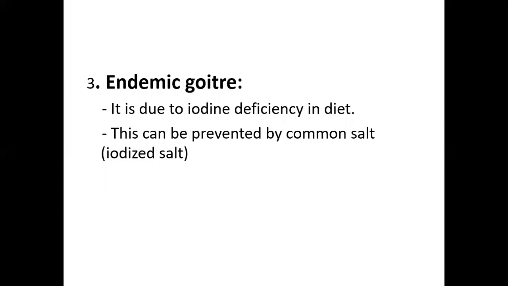Whenever there is a fall in T4 or T3 levels, this stimulates TSH secretion from the anterior pituitary. But when there is a rise in T4 or T3 levels, this inhibits TSH secretion. This is called the negative feedback mechanism.